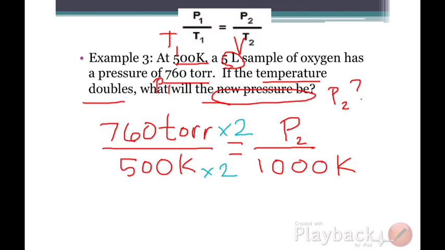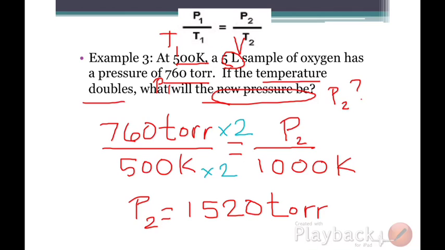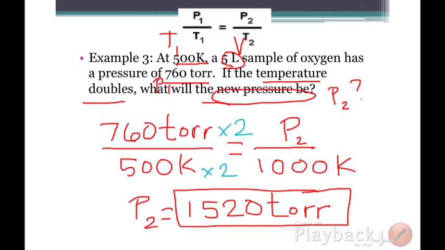So that's going to be our P2, 1,520. And we need our units. Our units for pressure are torr. Notice here that we can use any pressure units, but we need to keep our temperature in Kelvin. Great, so that's our answer, 1,520 torr.